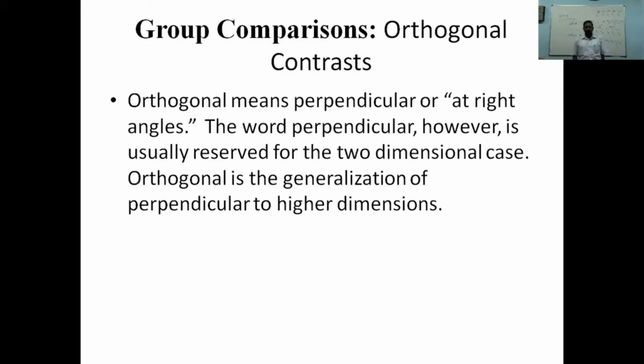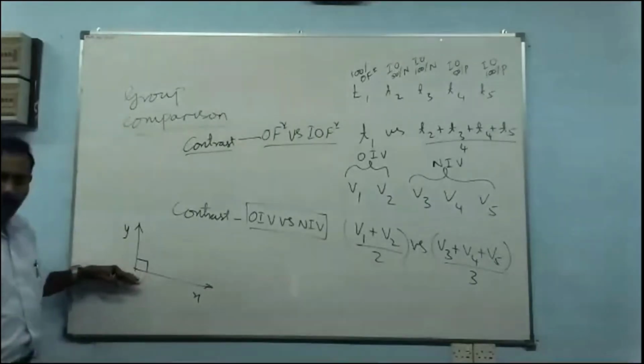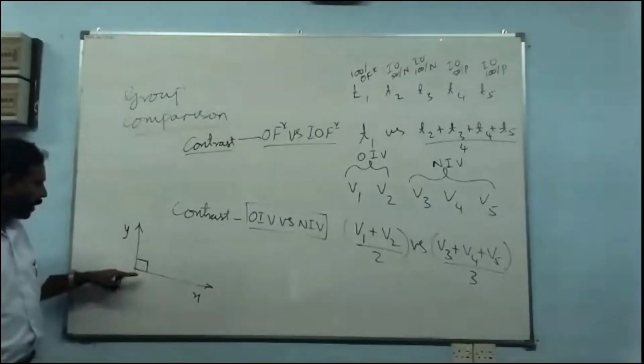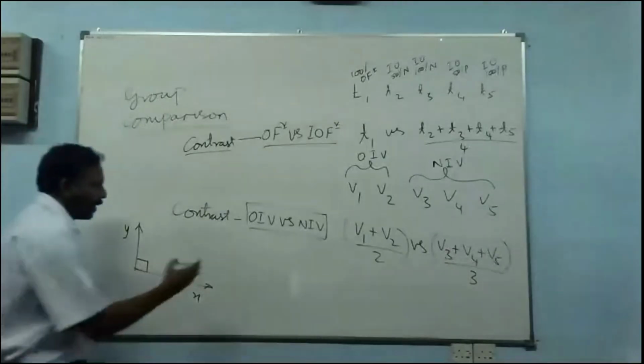Orthogonal, maybe you might have heard this term. It is at right angle. So if you have this at a right angle, y is orthogonal to x. Orthogonal means if you have a right angle between two axes, 90 degrees.